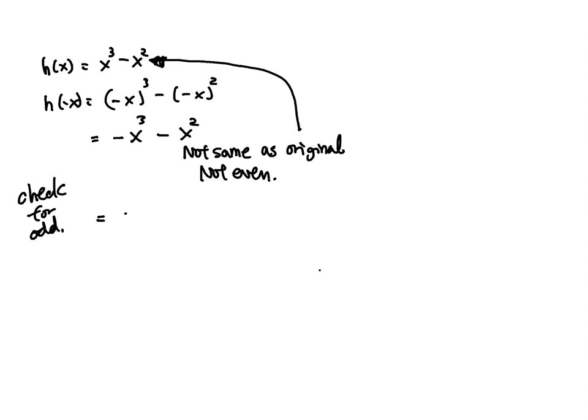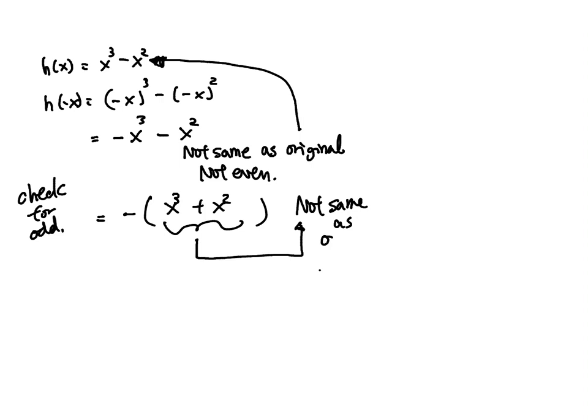If I factor out negative 1, what I end up getting is x cubed plus x squared. Unfortunately, this right here is also not the same as the original. So in this case, we have neither.